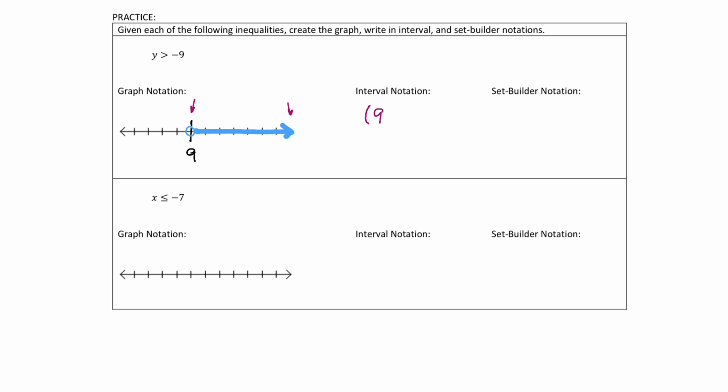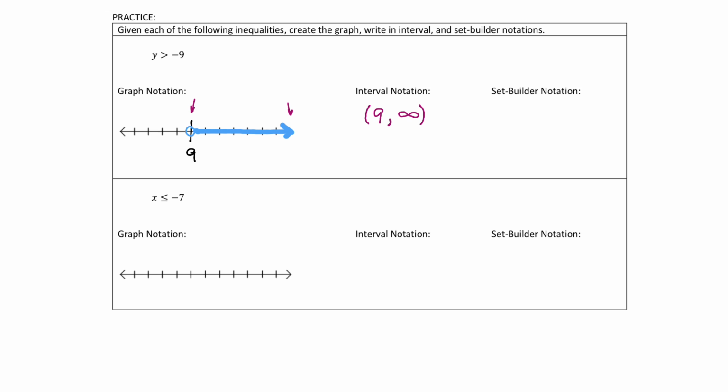And on the other side, over here is an arrow going to infinity. So the other side is going to be infinity, and it's also going to be a parenthesis. And then you put a comma in between. Okay? That's interval notation. This means all of the numbers between 9 and infinity, not including 9, not including infinity.